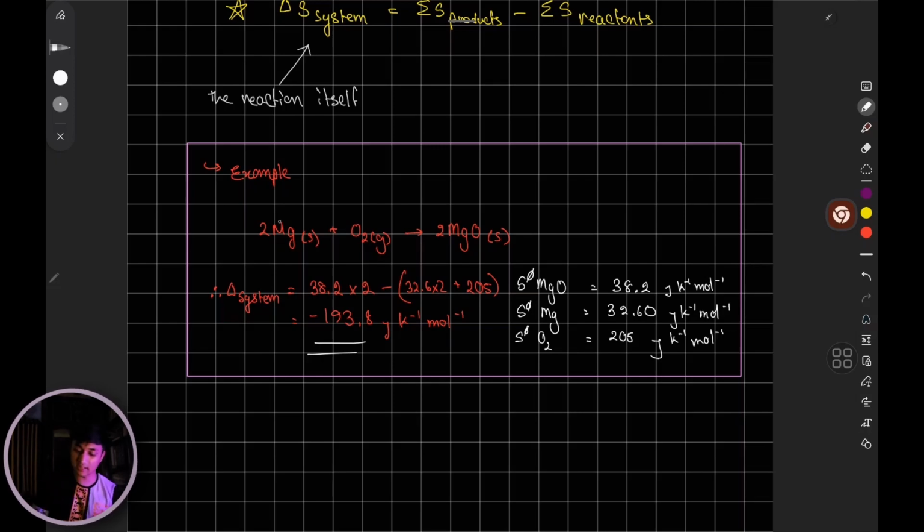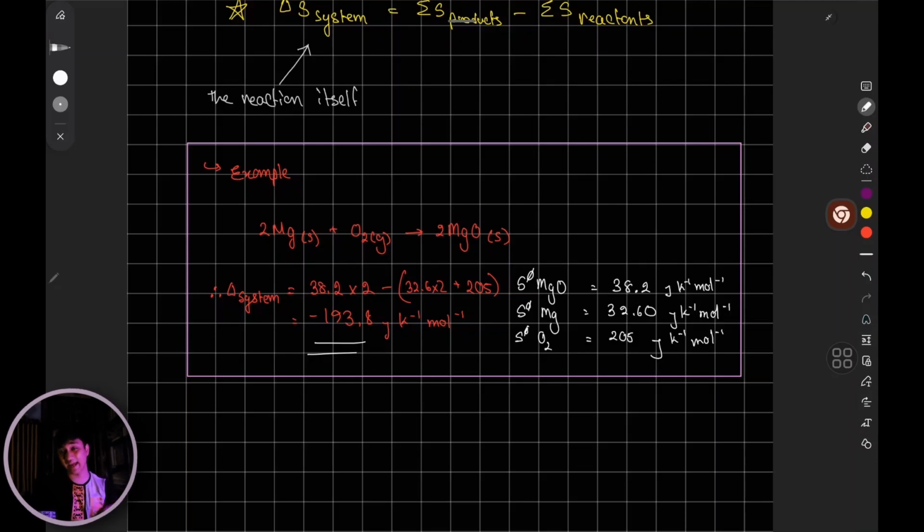However, if you go back to your AS level or O level, you might have seen this experiment where reacting magnesium plus oxygen is actually quite spontaneous and is very feasible, meaning it happens at room temperature if you react both of them together. It is very exothermic. It releases a lot of heat to the surroundings.